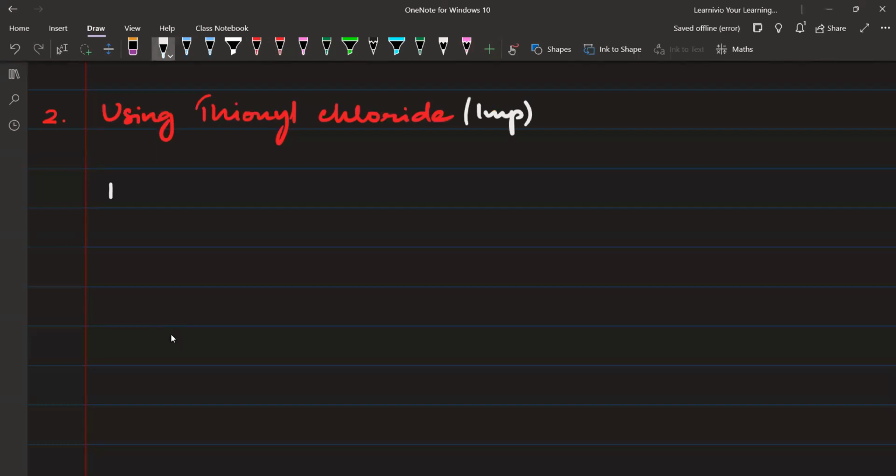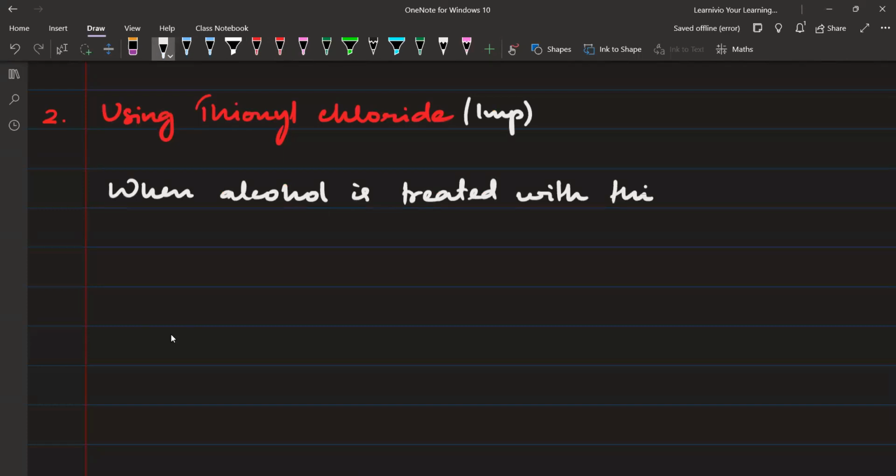When alcohol is treated with thionyl chloride, what is thionyl chloride?